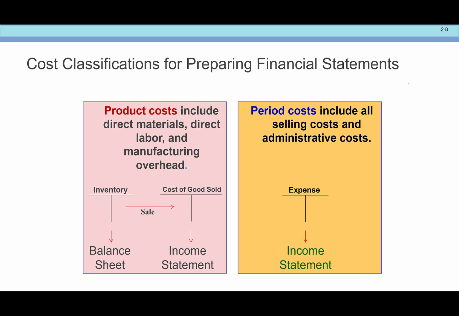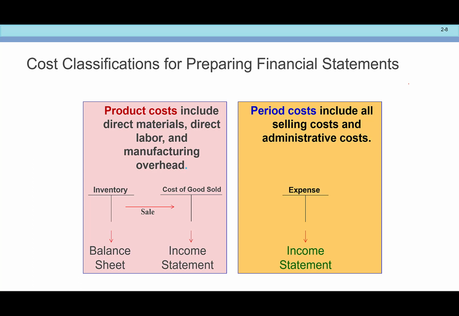Okay? All right, so again, let's just summarize some of the things we've said, because we threw around a lot of terms, didn't we? We said direct and indirect costs, right? The definition is how difficult it is to trace to the product, right? Now, when we look at our manufacturing costs, we can take our direct labor and direct material, which are both direct, and treat them as product cost, and our manufacturing overhead, which is indirect, we will treat as an indirect cost, right?